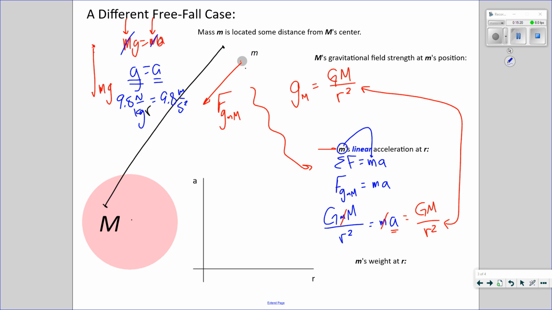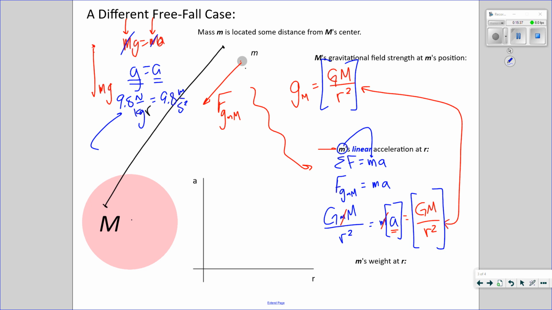But in general, an object's acceleration is going to be equivalent to the strength of the field that it's in, no matter where that is. This just happens to be at Earth's surface. This is our expression for gravitational field strength anywhere.